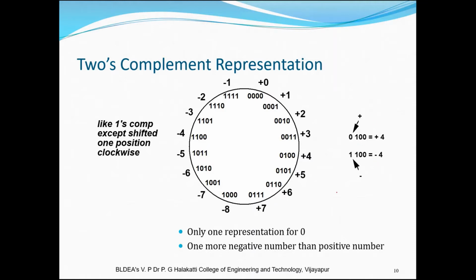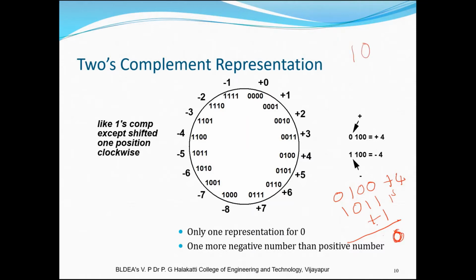So let's see how I will get a 2's complement. Here is a positive number, 0, 1, 0, 0, which is plus 4. Its 1's complement was 1, 0, 1, 1. To this, if I add 1, I get 0. Why is it 0? 1 plus 1 is 2. 2 in binary is represented as 1, 0.